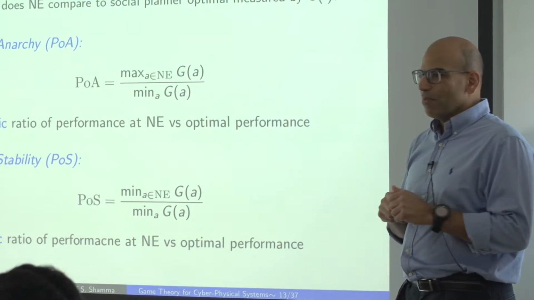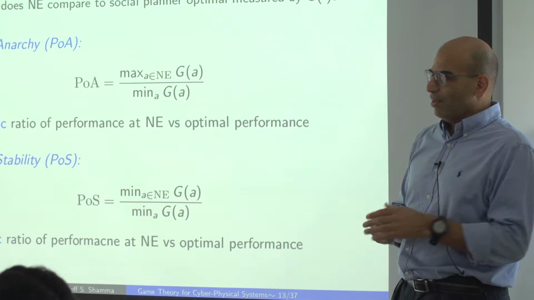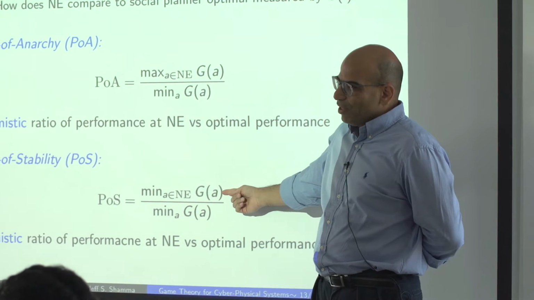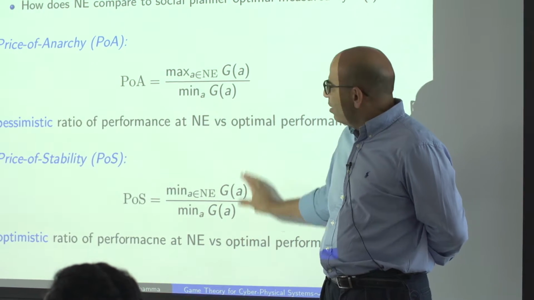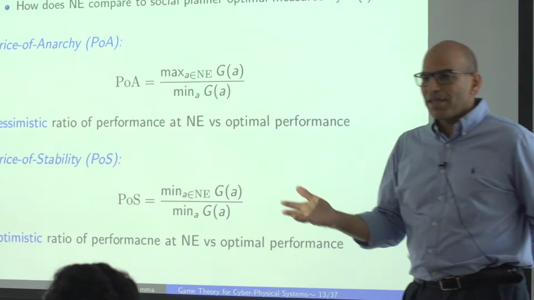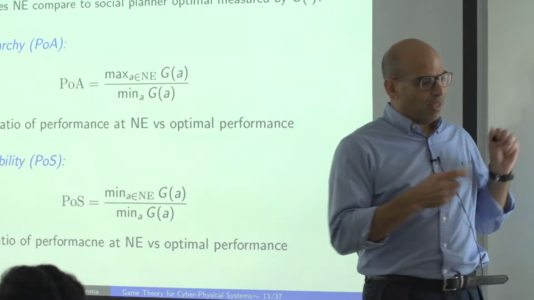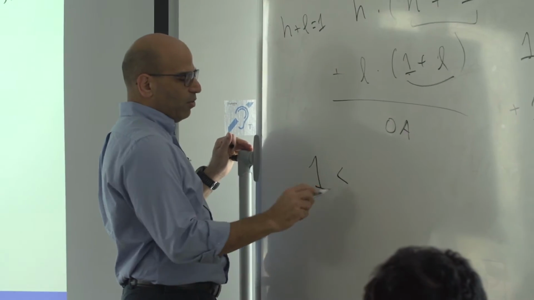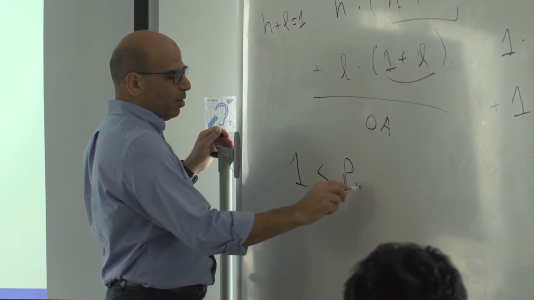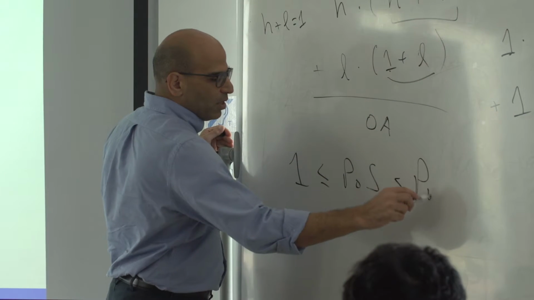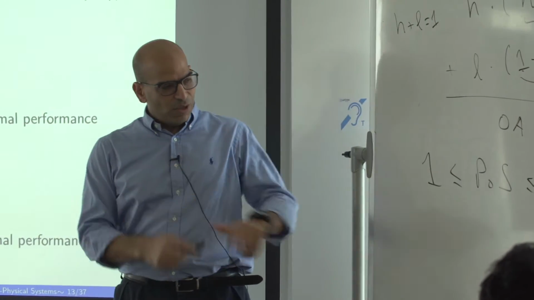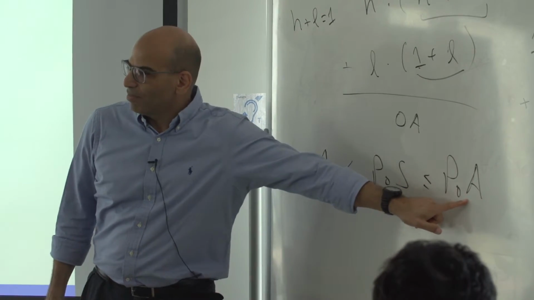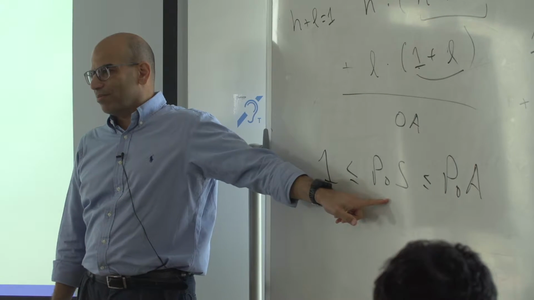Then there's the price of stability, which is more optimistic. What is the best case Nash equilibrium versus what a central commander would have done? Both the price of anarchy and the price of stability are always at least 1, and you can see that 1 is less than or equal to the price of stability, which is less than or equal to the price of anarchy. This is the worst case Nash equilibrium, and this is the best case Nash equilibrium.